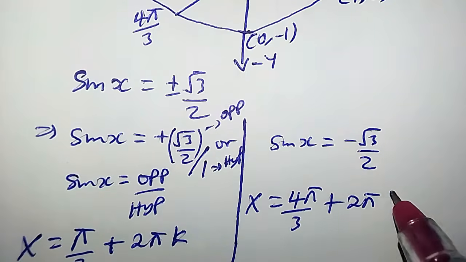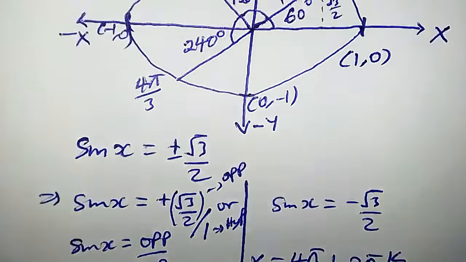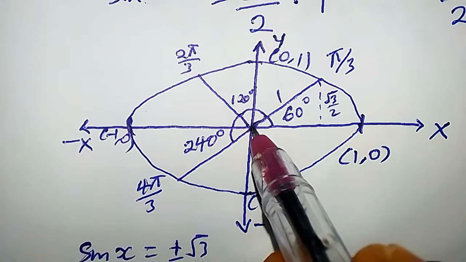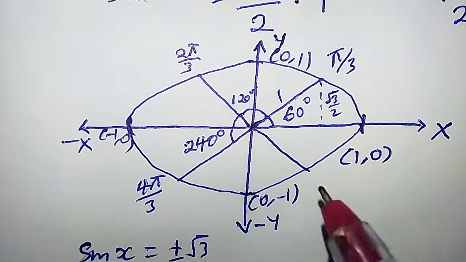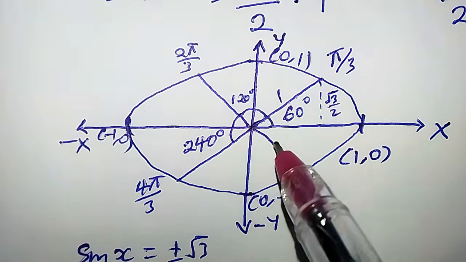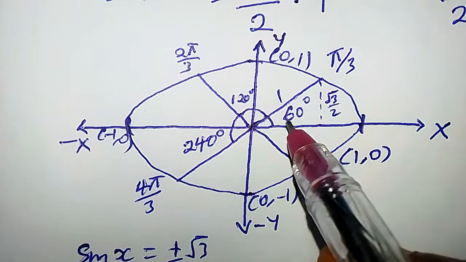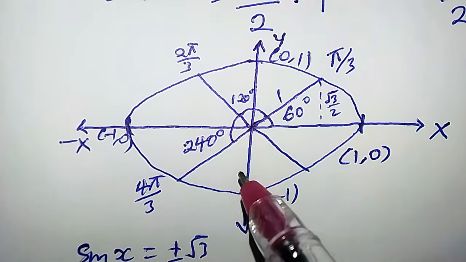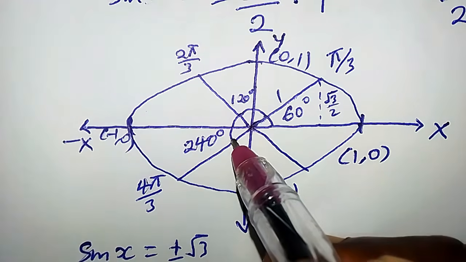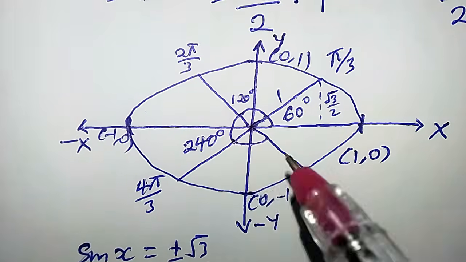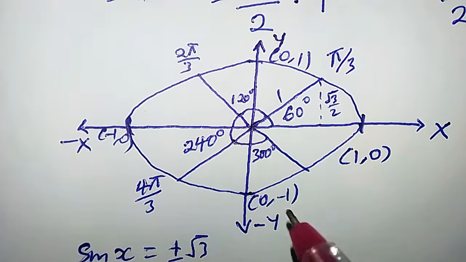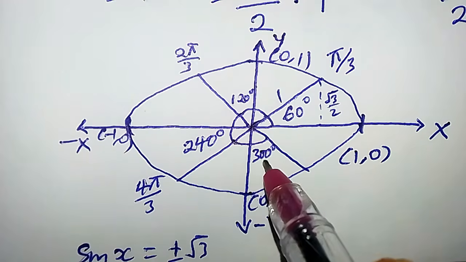plus 2 pi k. Let's go back to our diagram. There will be another straight line here. The total angle of this circle is 360 degrees. 360 degrees minus 60 degrees, that is 300 degrees. This means that the angle here is 300 degrees. And what is 300 degrees in radians?